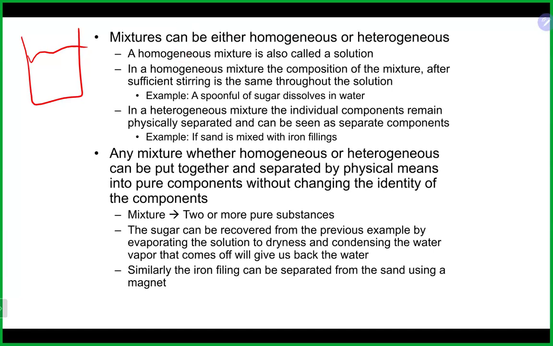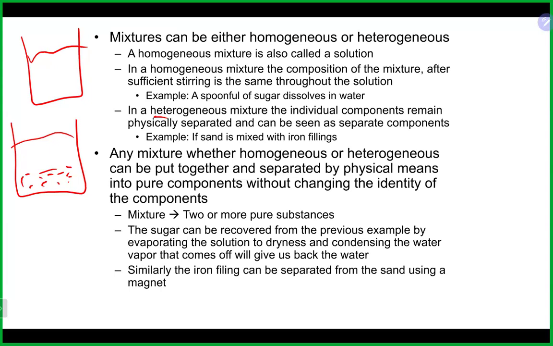A heterogeneous mixture, on the other hand, is a mixture where even after sufficient mixing, you will still see the different components. For example, if I took some sand and put it in water, I can mix that all day, and the sand doesn't dissolve in the water. You will still visually be able to see it.